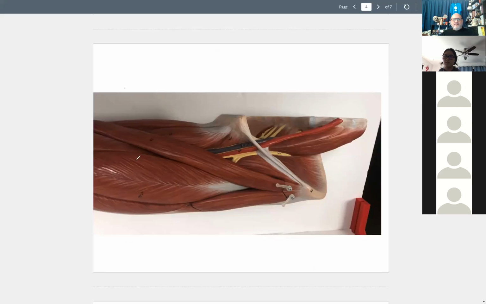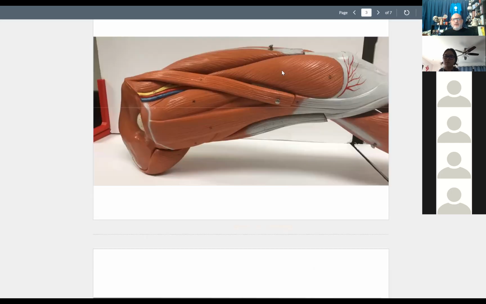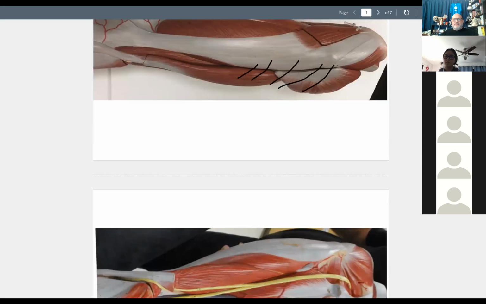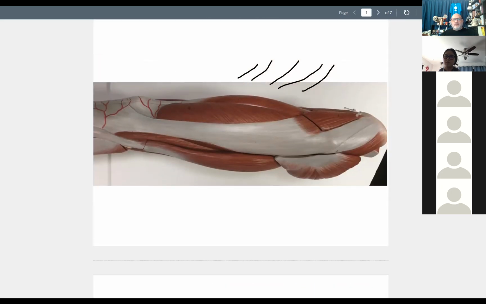Again, here we saw the rectus femoris. Notice here on the medial aspect of the leg, we can see that vastus medialis coming around the medial side into the knee. And on the lateral side, we see the same thing. Under the iliotibial band, we see the vastus lateralis coming in this way as well.